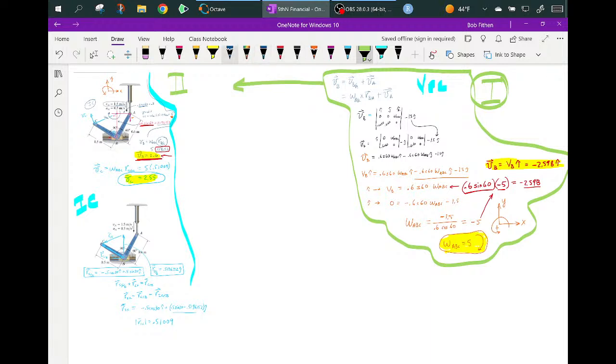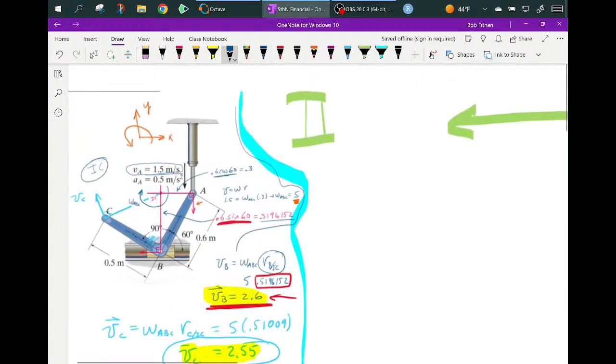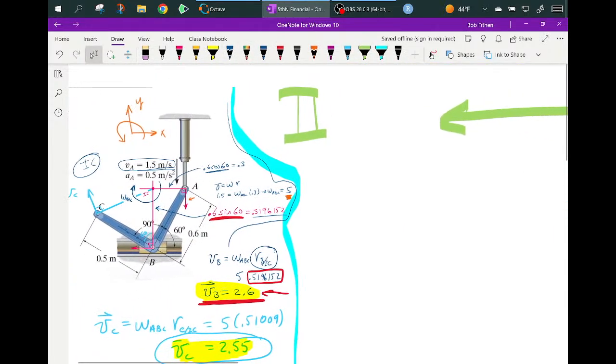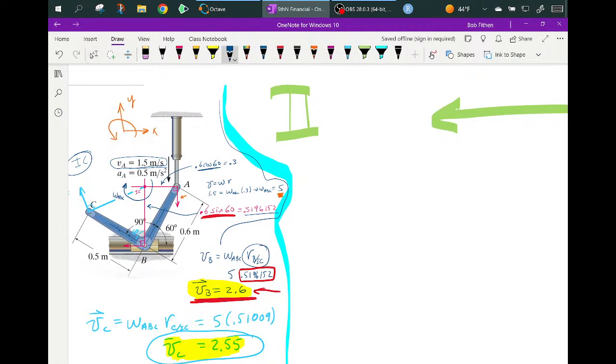Here's what we're going to do. Okay. Since A and B and C are all in the same link, I could do this one of two ways.